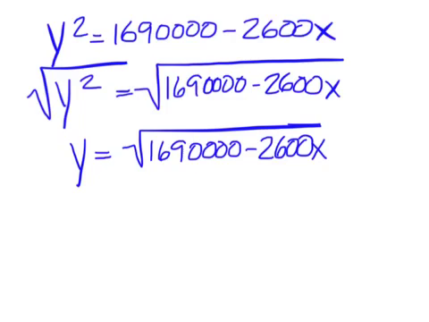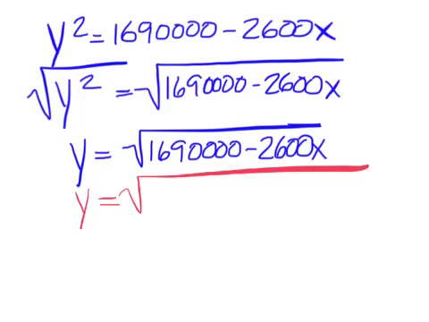But nonetheless, we have still solved for y. So at this point, we can go in here and do the square root of 1.69 million minus 2600 times 433.3 repeating, and come up with a value for y.